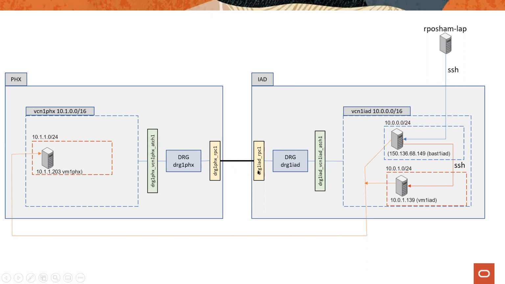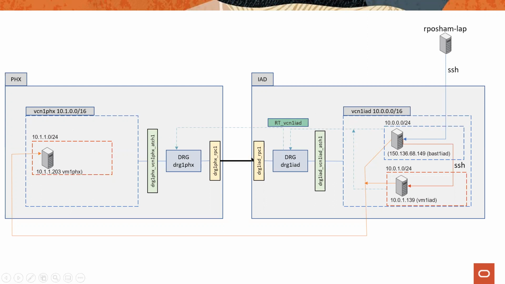That's possible only when there is traffic allowed from this region to this region, right? To do that, you need to have a DRG in both the regions, and you need to attach the DRG to its VCN, and that's what we did.